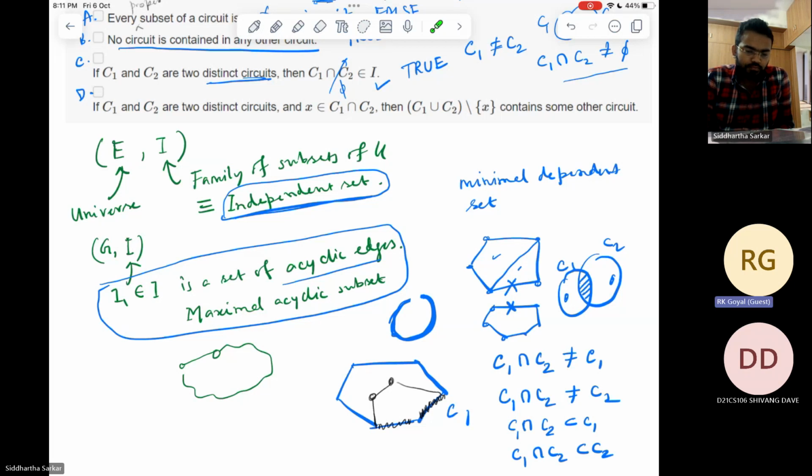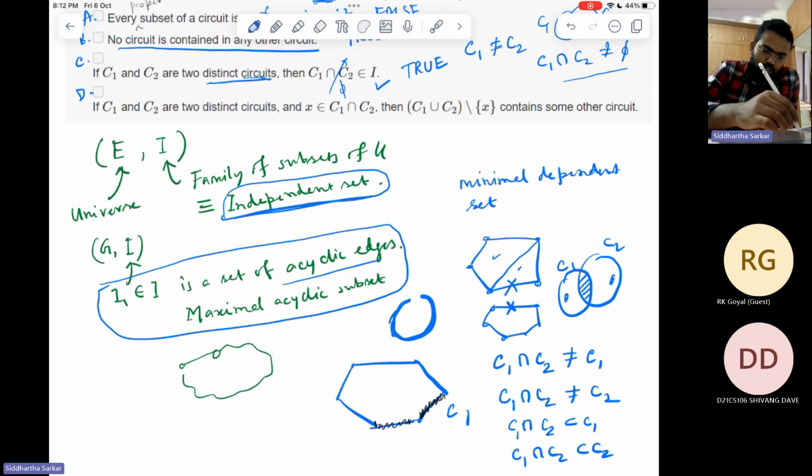The way to look at it is the following. Because C1 and C2 are distinct, there is at least one edge which is not common to both C1 and C2.